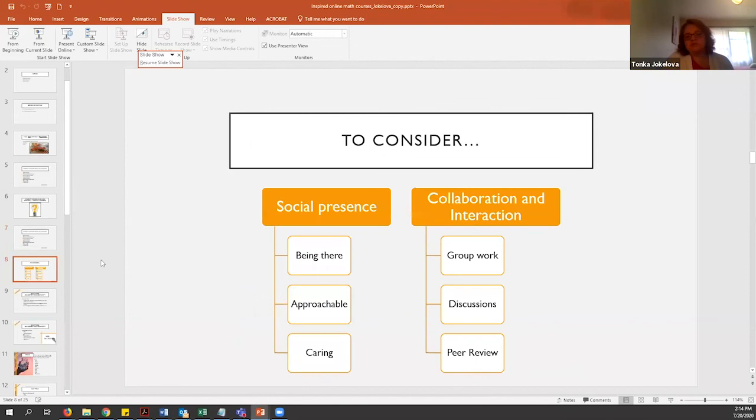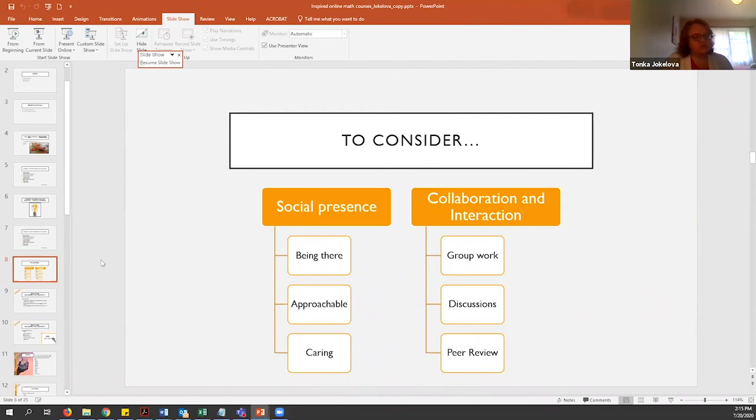And so just to consider for that social interaction and learning motivation aspect, just to consider some of the aspects we will talk about today. I grouped them into 2 groups, social presence aspects and some collaboration and interaction, even though you can argue that collaboration and interaction is a subpart of social presence, but I kind of lay them out separately.